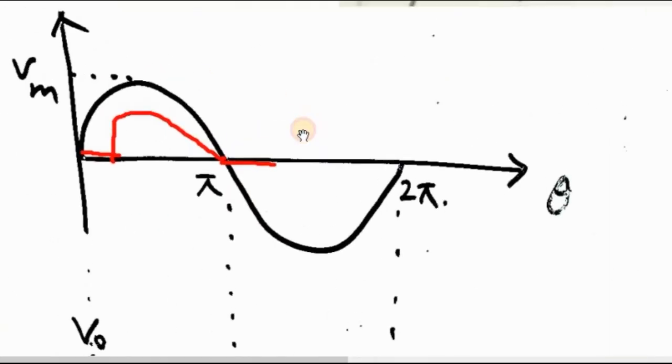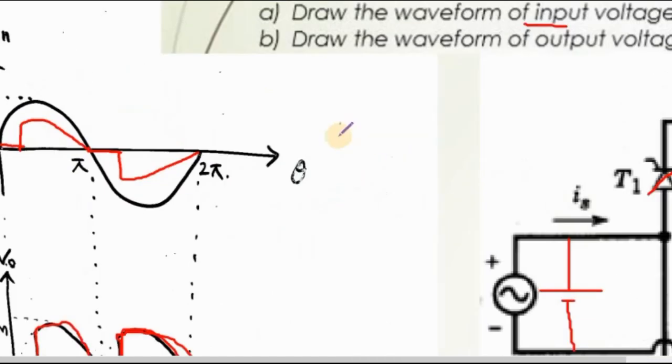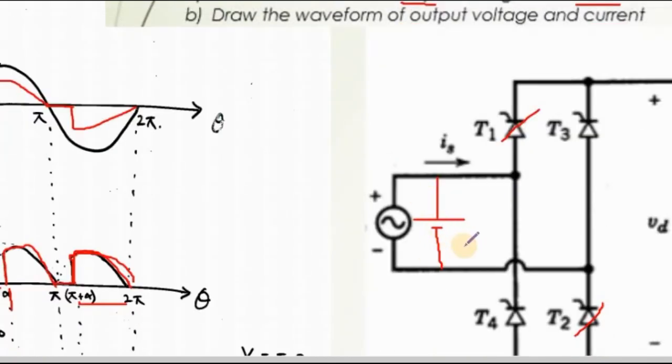You don't have any path to flow, so it's like this, and as soon as you turn on T3 and T4, current will flow in the reverse direction. First it will flow like this, and when you make it reverse, current will flow like this.